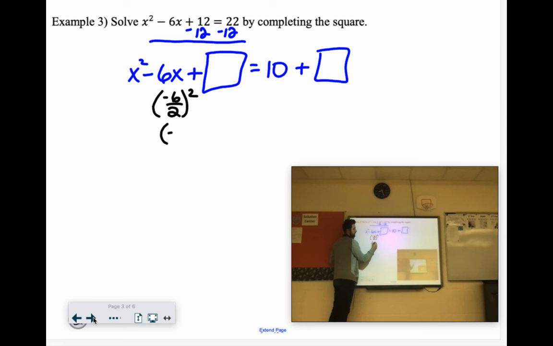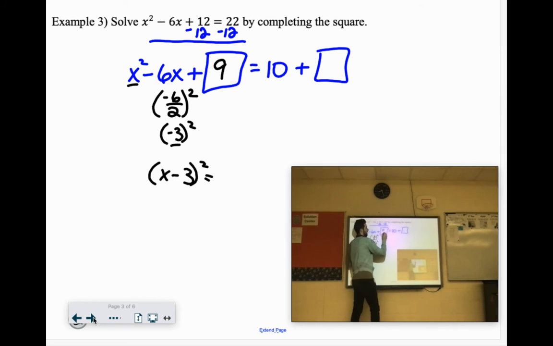Negative 6 divided by 2 is negative 3, which means the left side will eventually factor to x minus 3 squared. But to figure out what's in our blank, negative 3 times negative 3 would be positive 9. So on the right side, 10 plus 9 is 19.